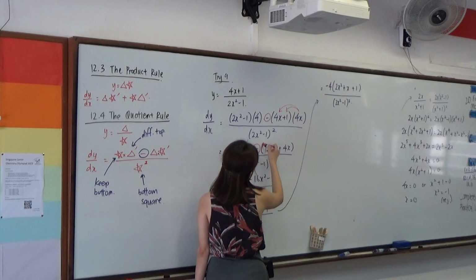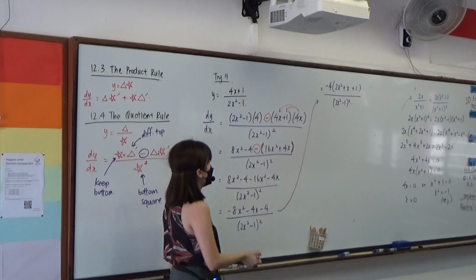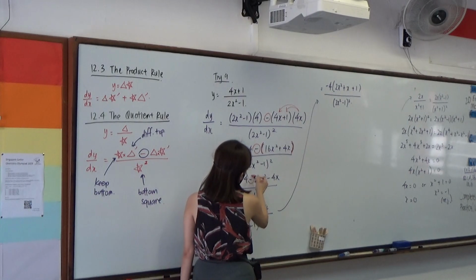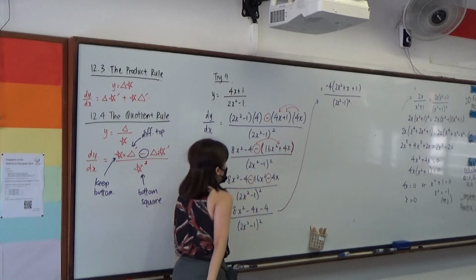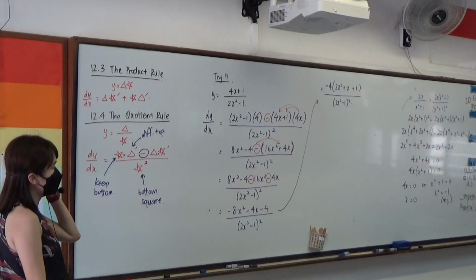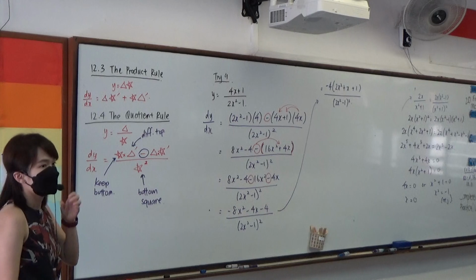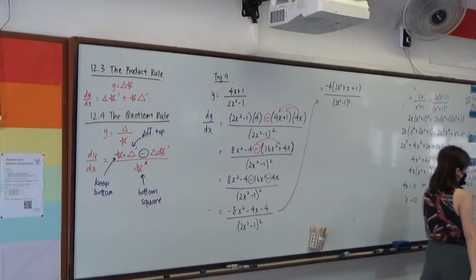Remember to keep the brackets first. Then when you open up the brackets, it is a minus 16x squared and a minus 4x. So in the simplification process, you need to take careful note of how the algebra works.